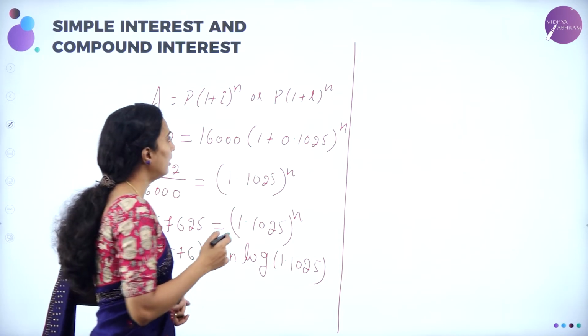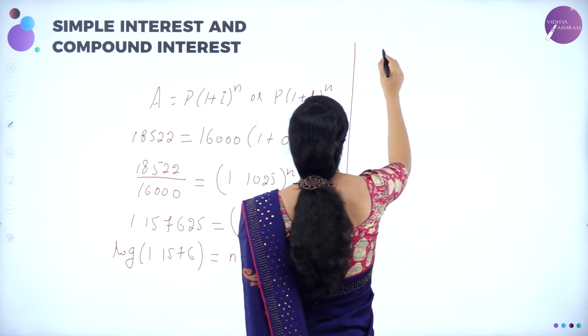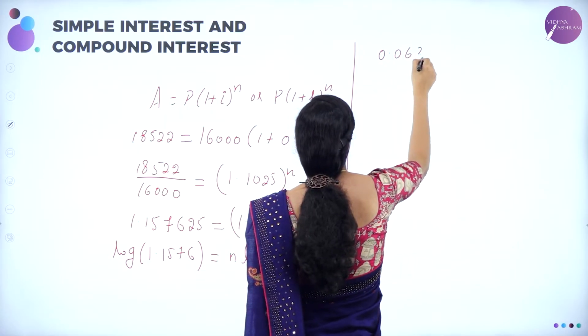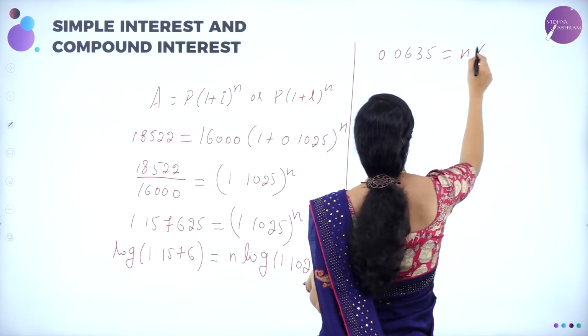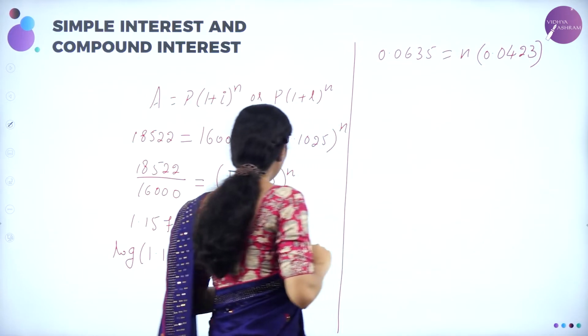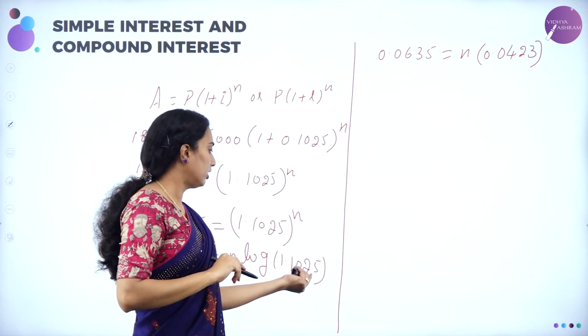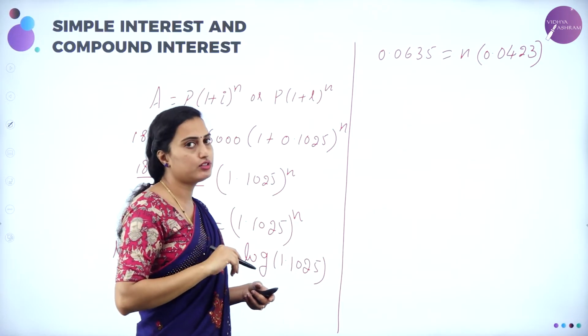Let me see here the logarithmic table value. This is equal to 0.0635 is equal to N into 0.0423. That means in the log table, 11th row, 0 column, 2 is the mean difference, you are going to check it.